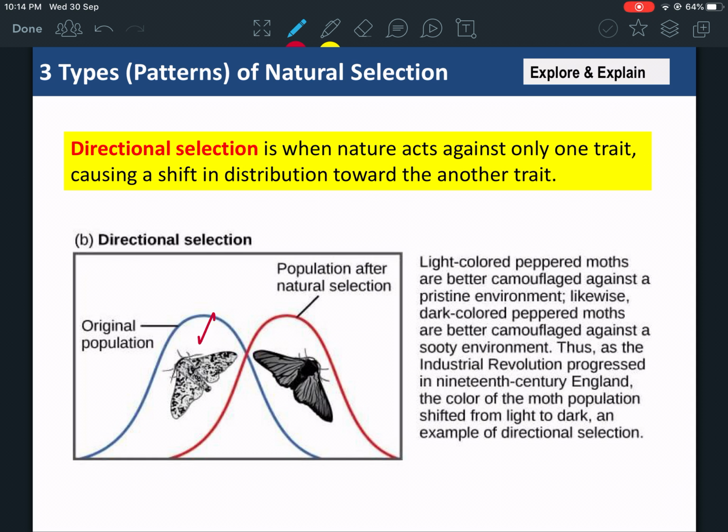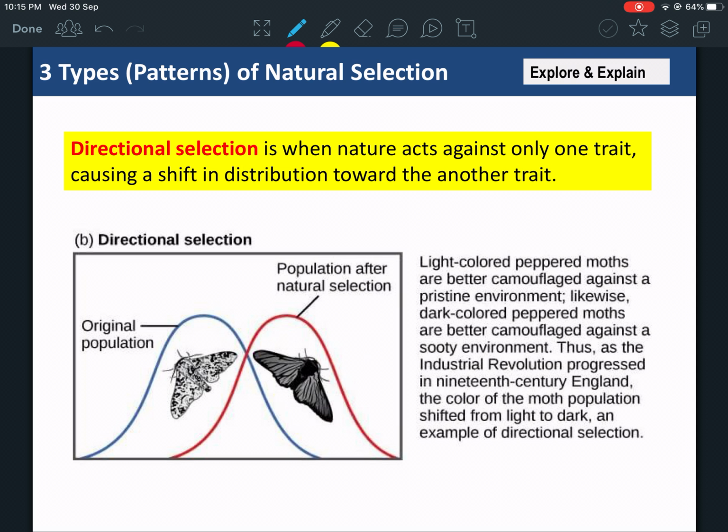They were able to eat the black one, because they were able to see it. But after the Industrial Revolution, industries caused pollution, and the pollution caused the trees to become black. So later, the black ones were able to hide, and the birds were able to see the light one, so the birds were eating this one.